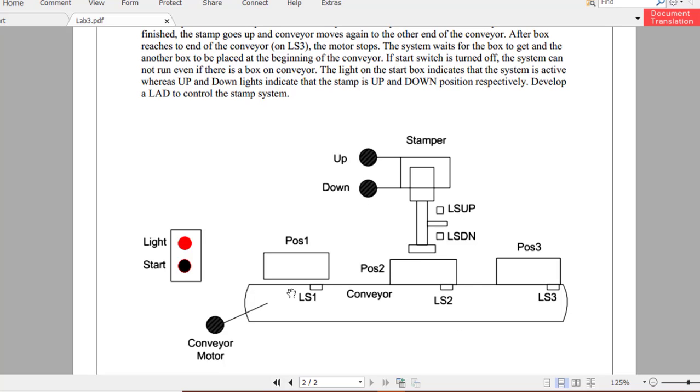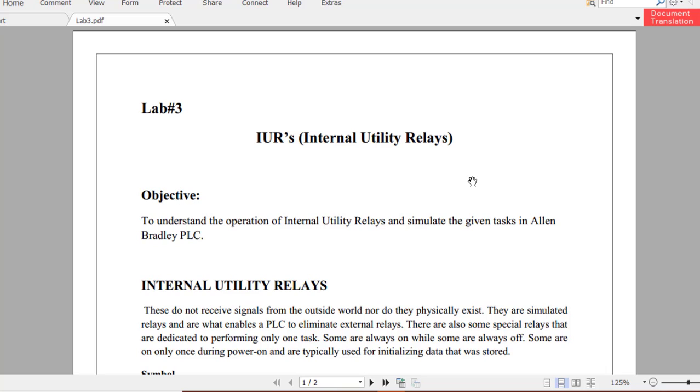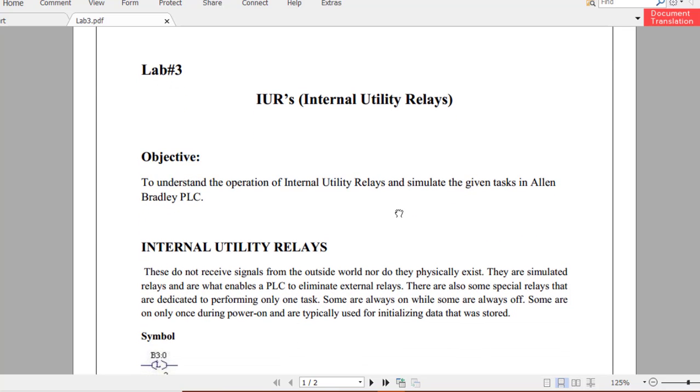Like in this system where we have LS1, LS2 and LS3, we are going to have the position of the object or the state of the object as the intermediate output, or you can term them as internal utility relays, IURs. So I guess that's pretty easy. That's just a complex name for the system that we are dealing with.